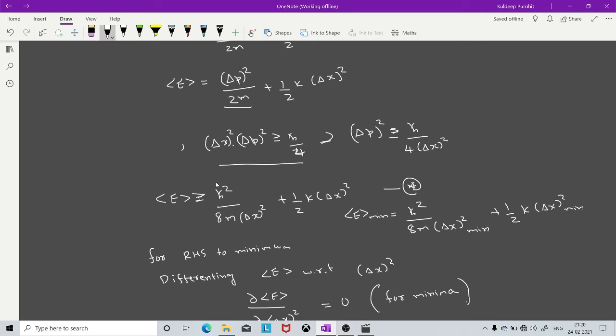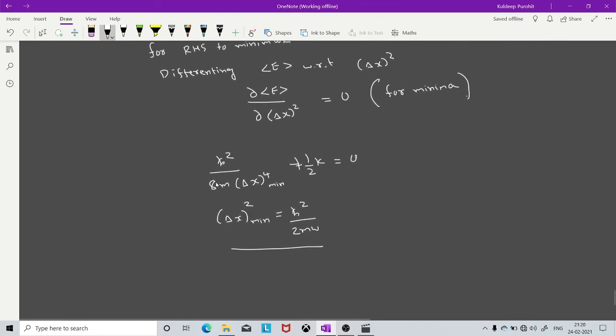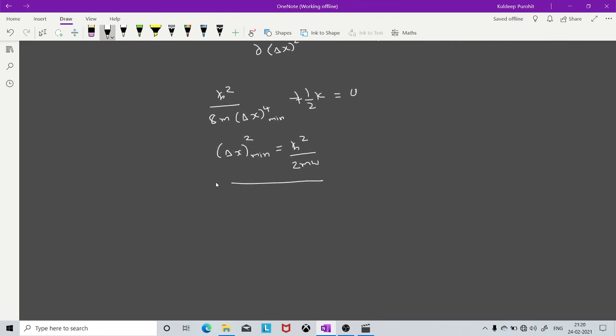I have to substitute the value of delta x square minimum in both of these terms. So your E minima will be equal to h cross square by 8m into 2m omega by h cross, plus half m omega square into h cross by 2m omega.